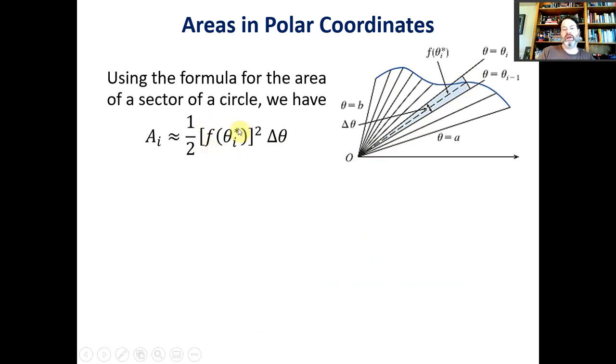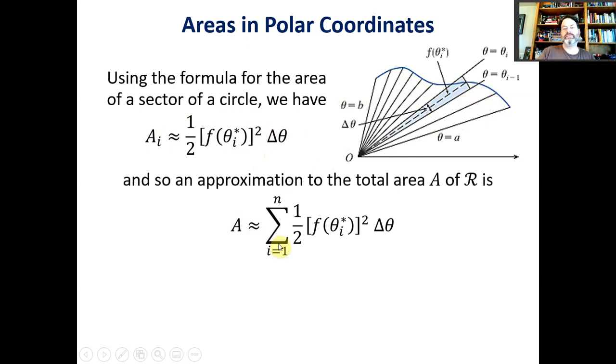So we plug that in here. Each of these little wedges has this formula. If we add them all up, we get this sum, the sum from 1 to n of each little wedge.